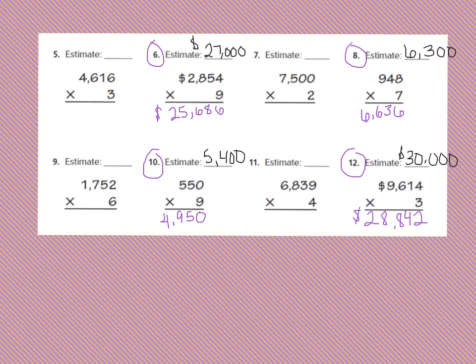All right, boys and girls, let's look at numbers 6, 8, 10, and 12. Your estimate for number 6 was supposed to be $27,000, and your actual product was $25,686. Let's look at number 8. Your estimate should have been $6,300, and your actual product should have been $6,636.